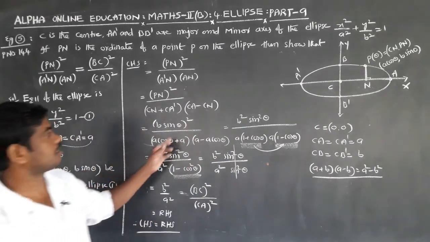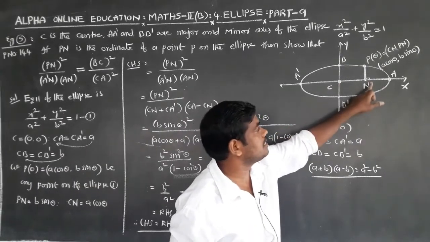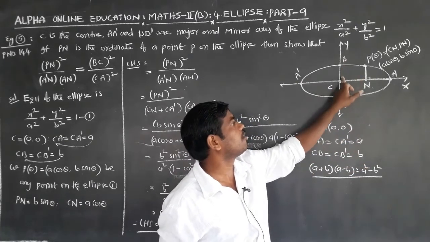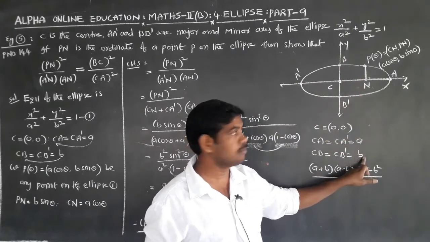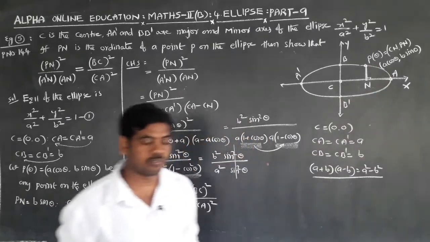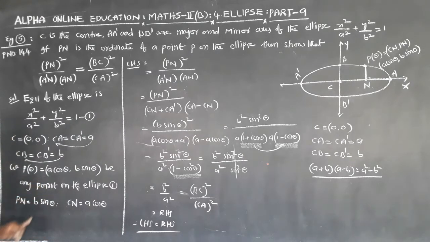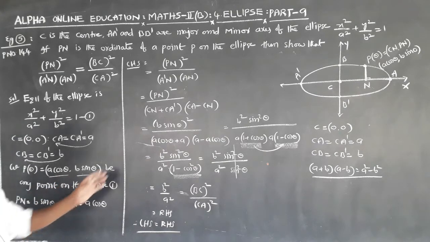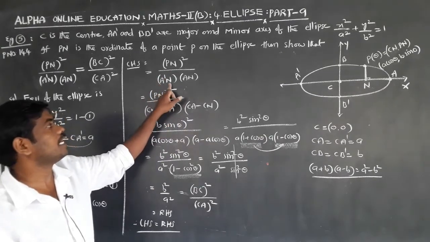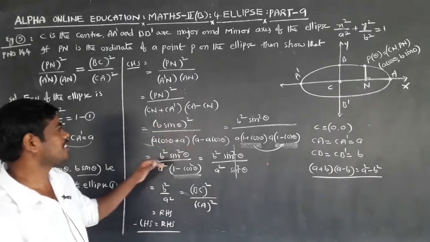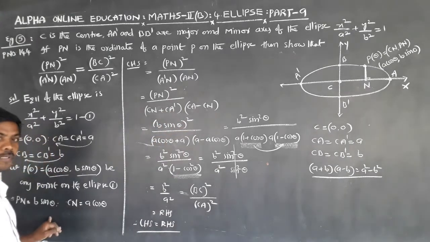Here, first of all, find the values. CA = CA' = small a. CB = CB' = small b. Let P(θ) = (a cos θ, b sin θ) be any point on the ellipse. Here a cos θ is CN, b sin θ is PN. Find the LHS value: A'N and AN change into CA, CA' and CN and PN.